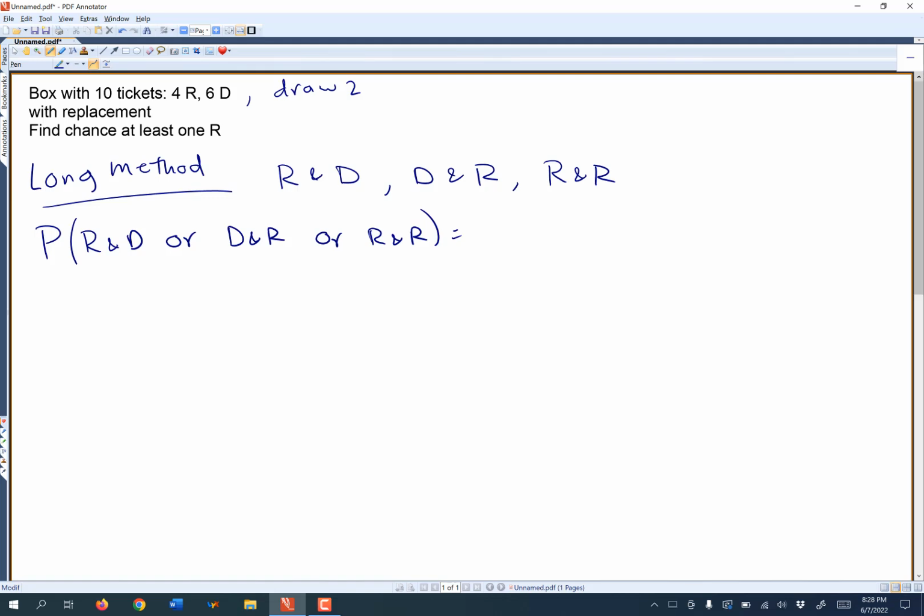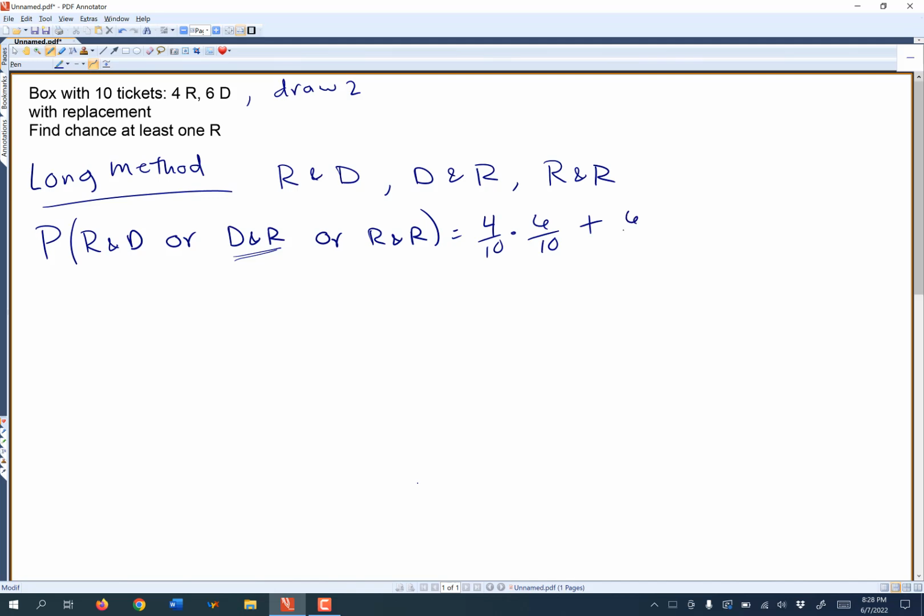If I have an R and a D, first I want the probability of an R. There are 4 R's out of 10 total, so I would have 4 out of 10 as my chance to get an R. Then I'm going to times, now I want a D. Now remember, this is with replacement, so we put everything back, so there are still 6 D's out of a total of 10.